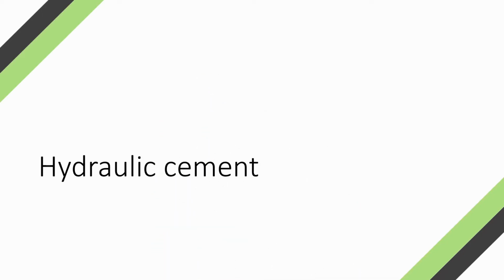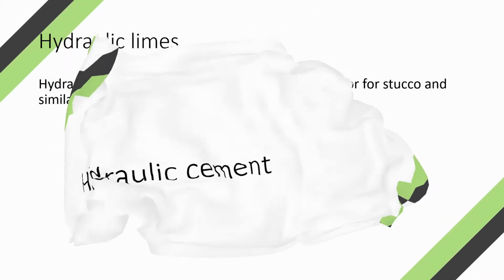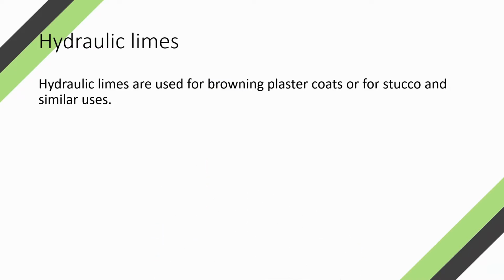So, next, we have here yung ating hydraulic cement. So, first example ng ating hydraulic cement is yung ating hydraulic lime. So, hydraulic limes are used for browning plaster coats or for stucco and similar uses.